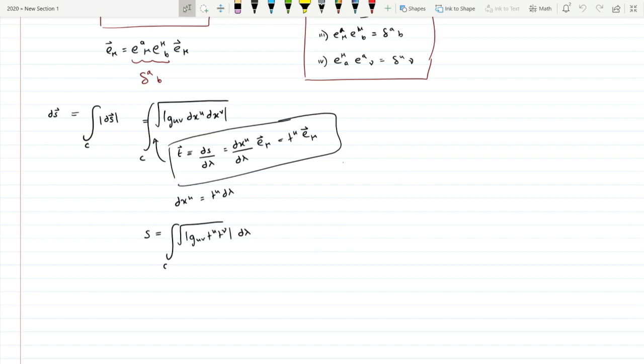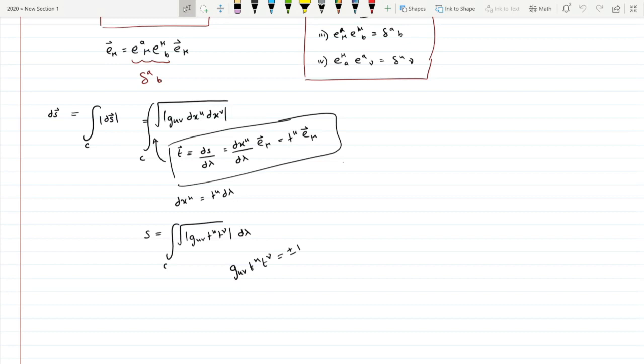Till now, I'd said that we have a manifold, and a curve along that manifold, parameterized by lambda, right? We can choose lambda in a certain way that simplifies our life. We're going to choose lambda such that when we integrate this, this tangent curve will always be equal to plus or minus 1.